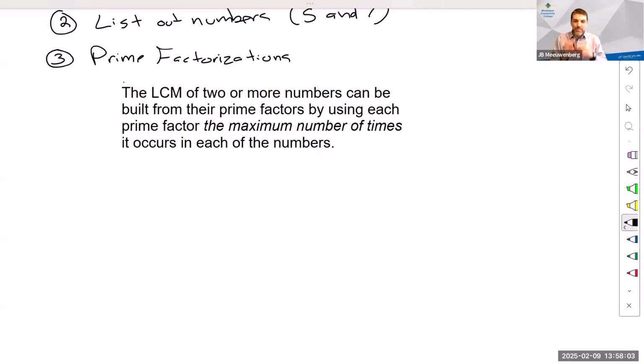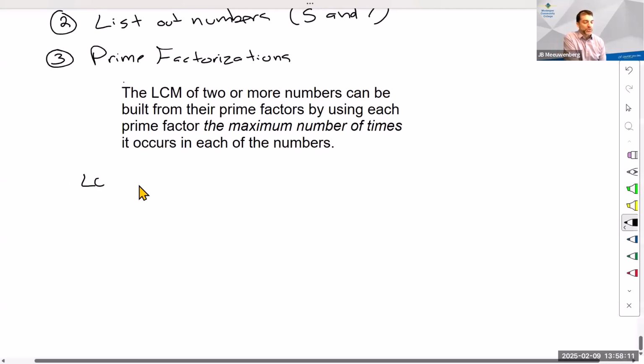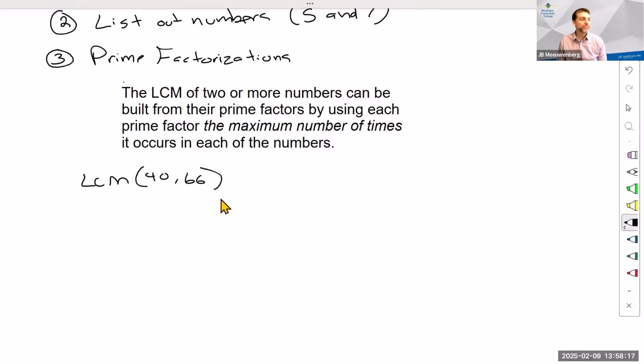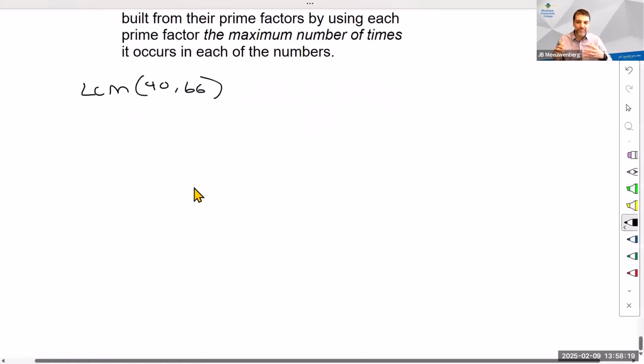First, I'm just going to lay it out and examine some factor trees, and then we'll look at how we can organize our information well. So let's try to find the LCM, the least common multiple, of 40 and 66. Again, if we counted by 40 and counted by 66, what would be the first number that we would come to?